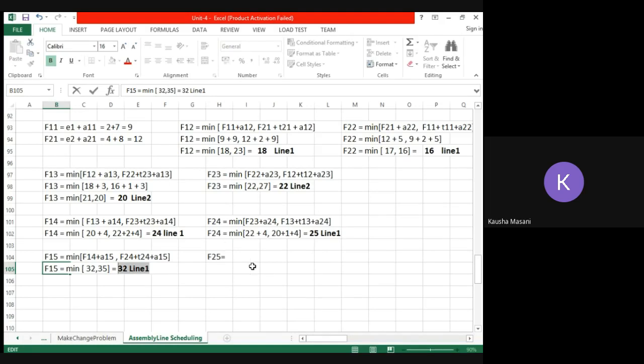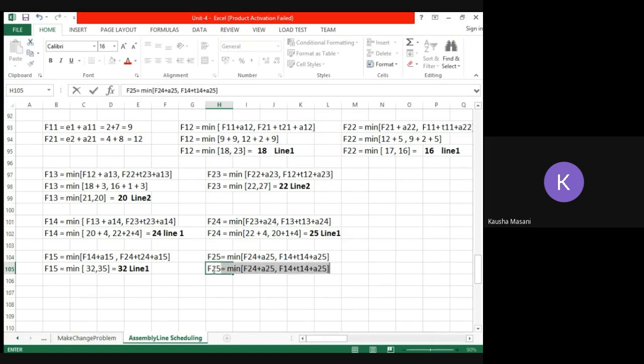Online students, are you getting the same answer? Yes or no? Okay. F25 is the minimum of F24 plus A25, or F14 plus T14 plus A25.